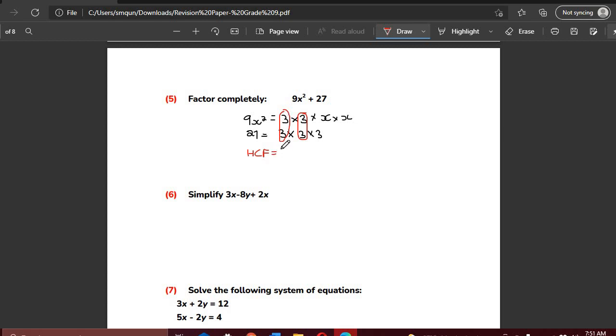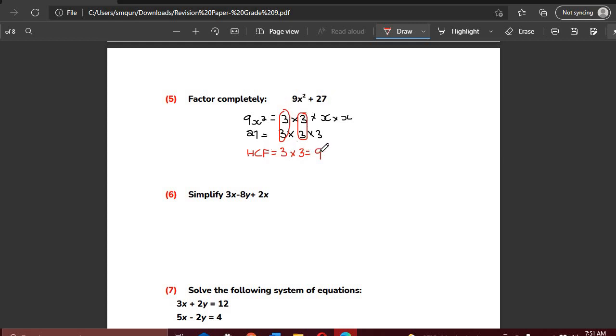Okay, the number in this pair is 3. Then we're going to multiply it times the number in this pair, which is also 3. And that gives us our HCF, which is 9. Okay, you could have found the HCF without doing all of this, but still, you can use this method, like I said, for bigger numbers.